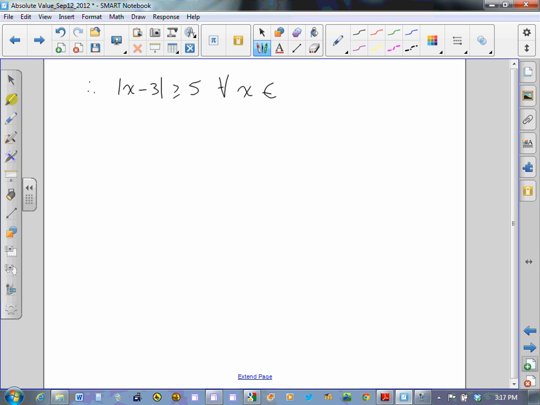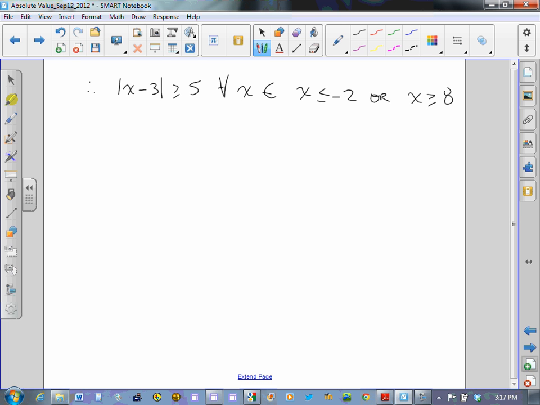Now we could use two inequality statements. We could say x is less than or equal to minus 2, or x is greater than or equal to 8. We could also represent the solution using a different notation.